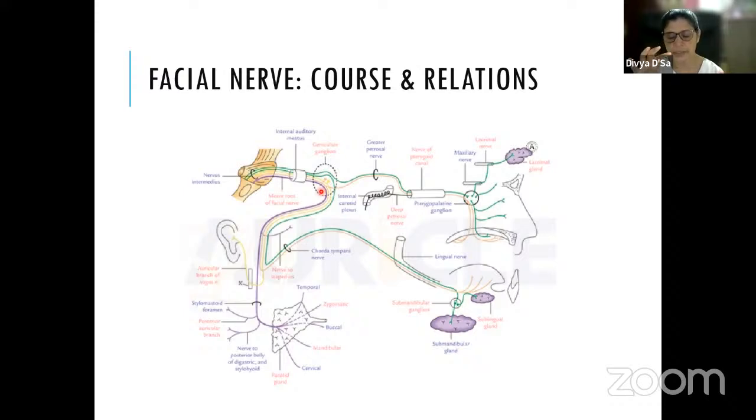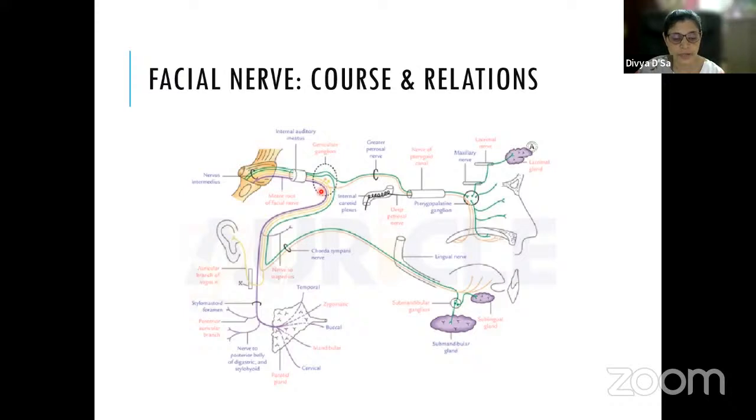There it will have an oblique course, and after that it runs straight, forming a part of the posterior wall of the middle ear cavity. So it forms a part of the medial wall as well as a part of the posterior wall.